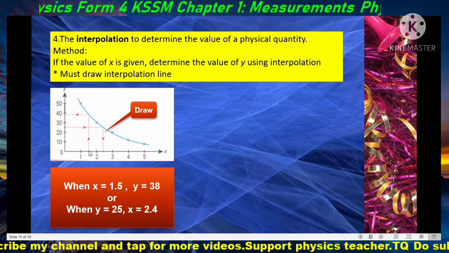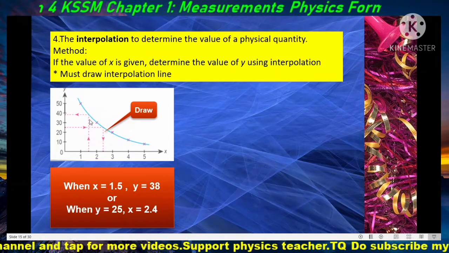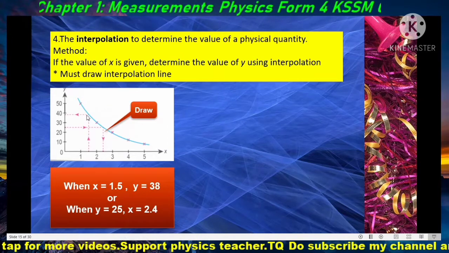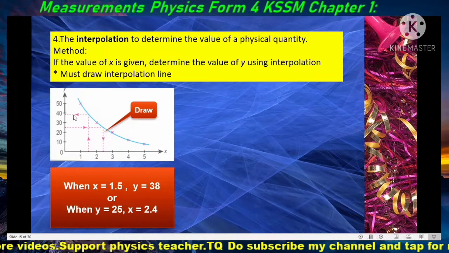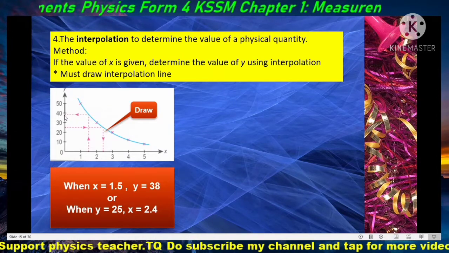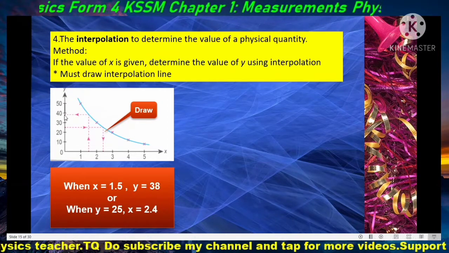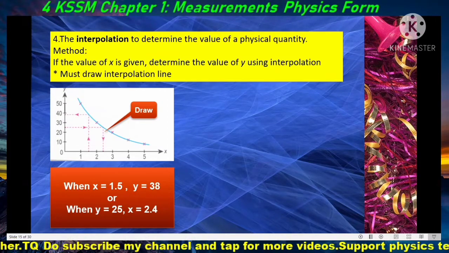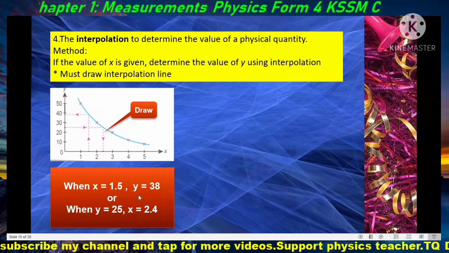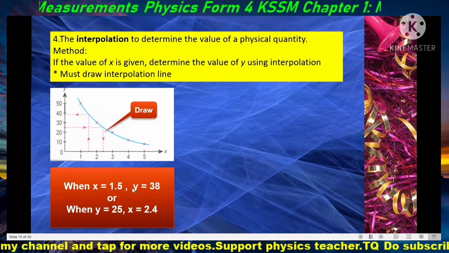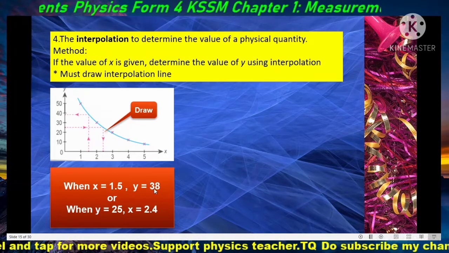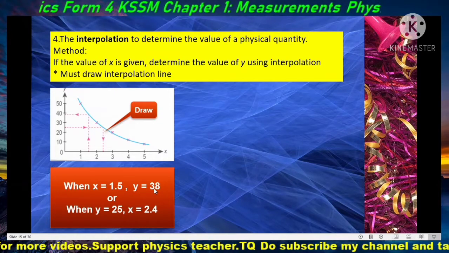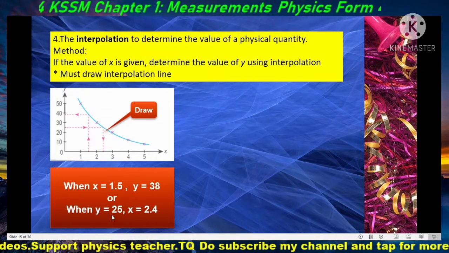So for x 1.5, you draw a line to the graph and then you draw from the graph to the corresponding value here. And then you read the value here, you write the answer. So x equals 1.5, so y equals 38.